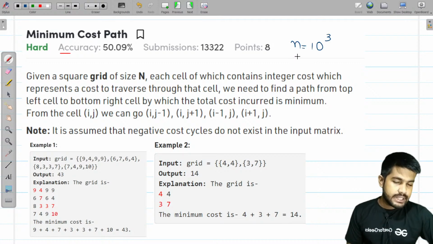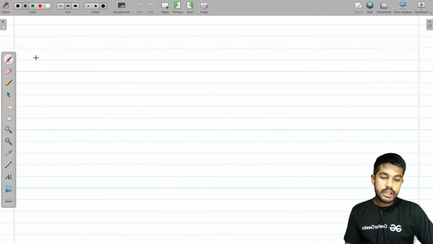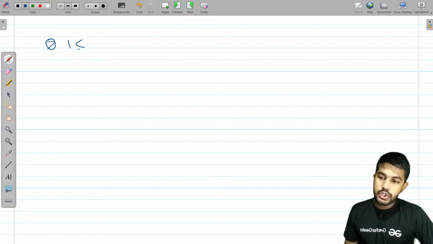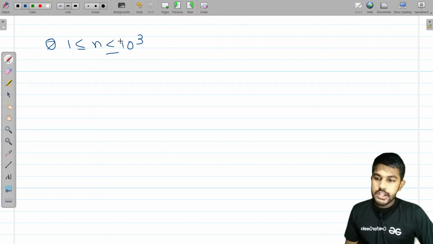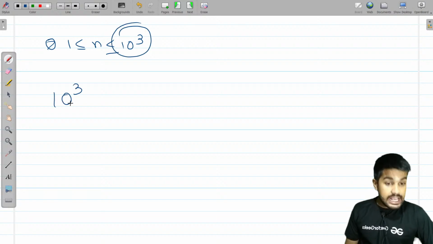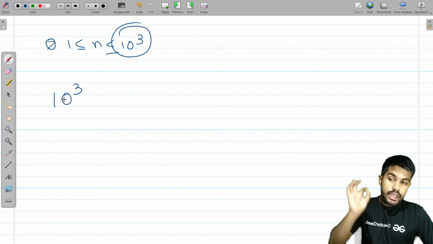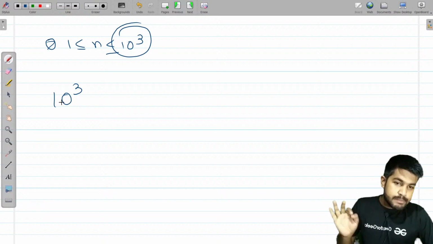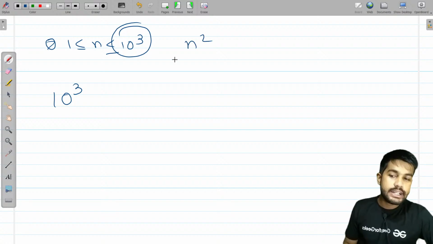So this is the matrix. Okay, I am telling you why your approach won't work. The value of n would be from 1 to 10 to the power 3 itself, so we take the upper bound 10 to the power 3. As this is a matrix, iterating on the whole matrix would take n square iterations.